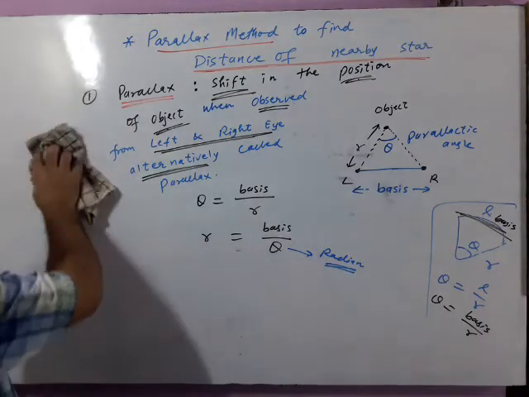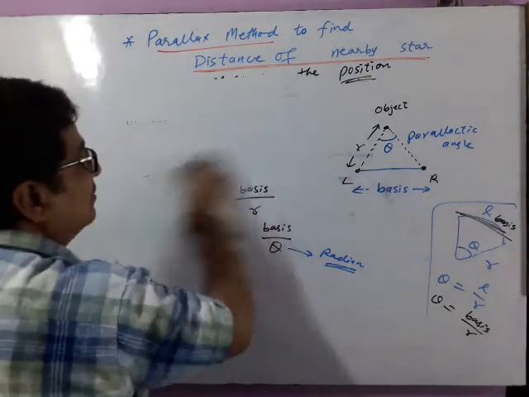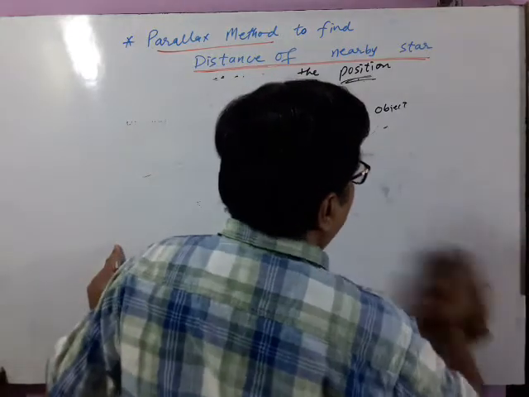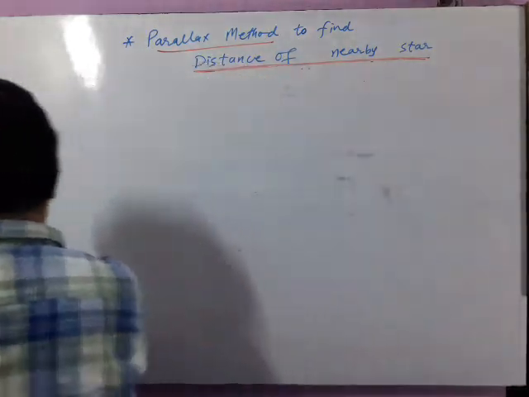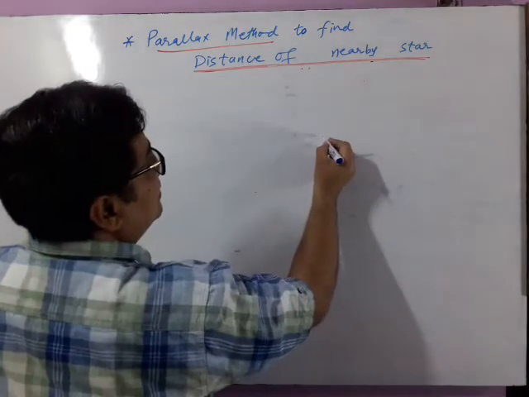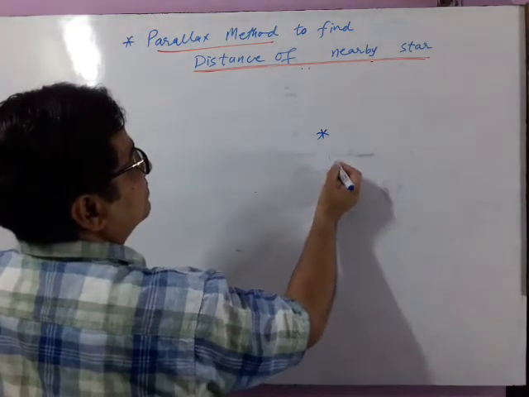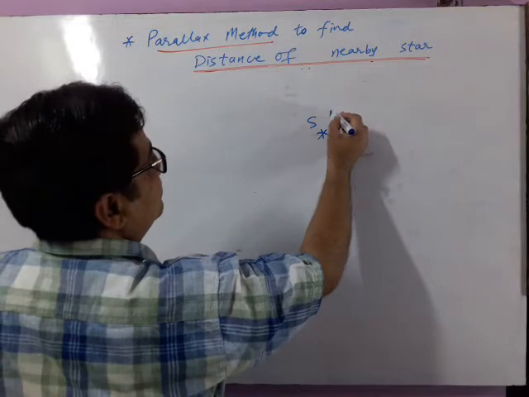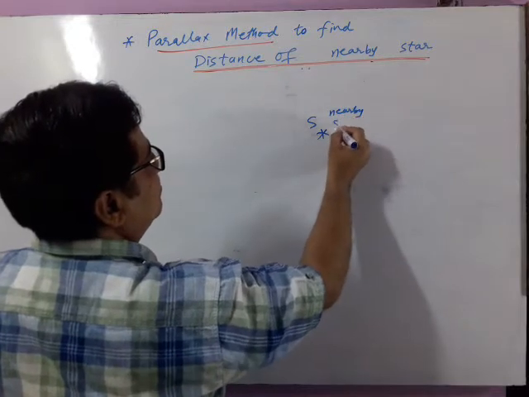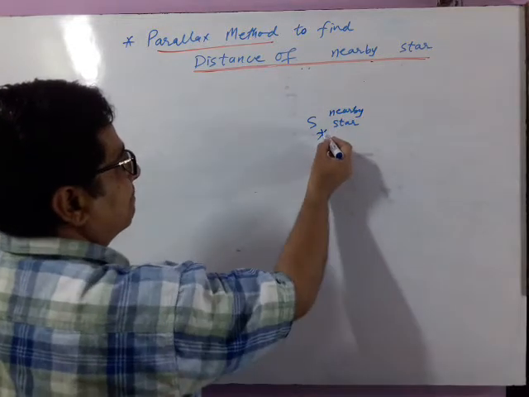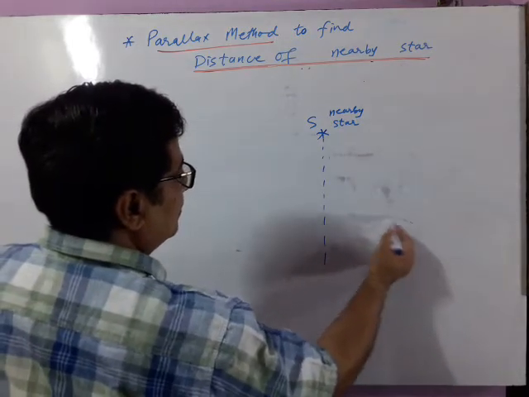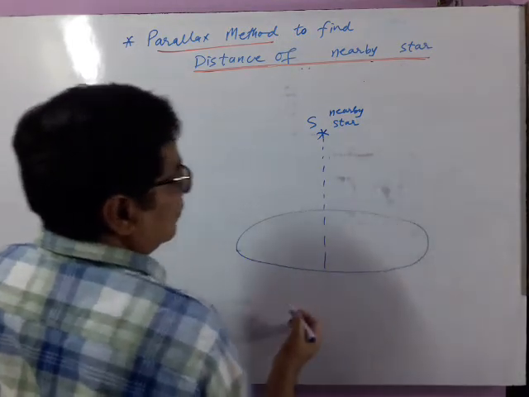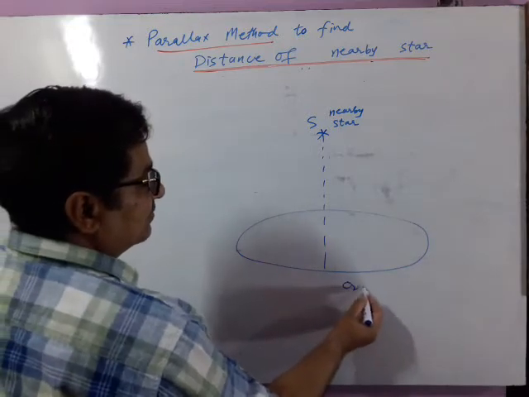Now we will apply this parallax method for finding the distance of a nearby star. See, this is the nearby star, S. And this is the orbit of Earth.